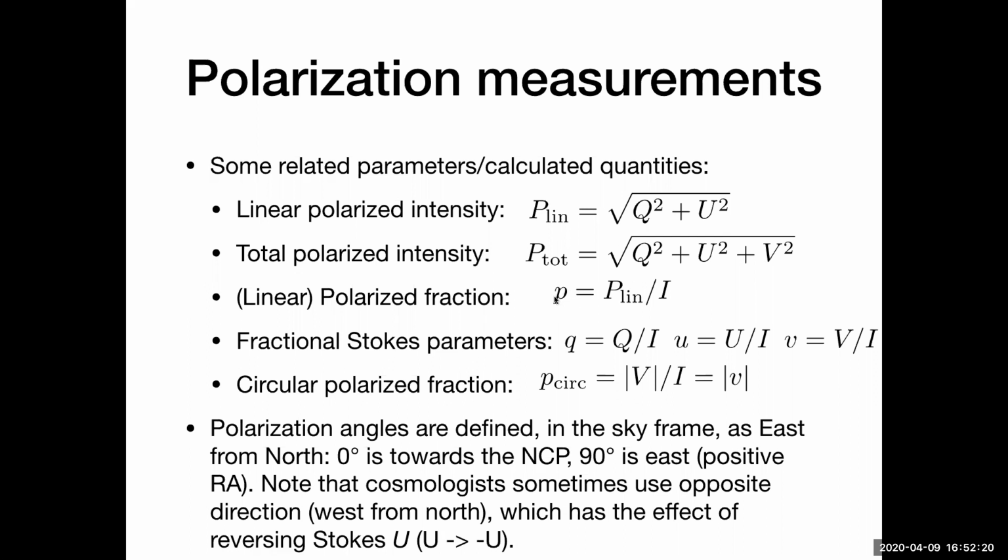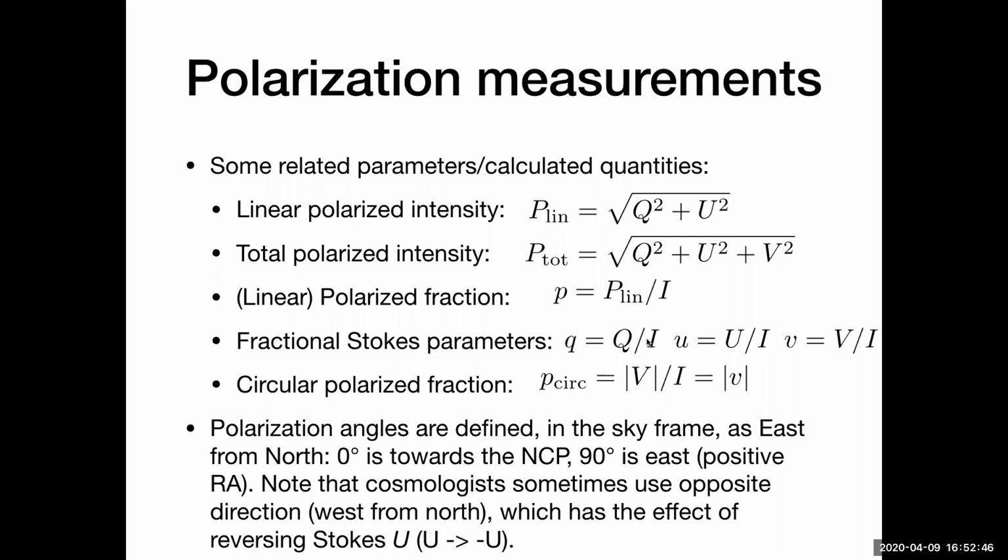This is effectively telling you how strongly or how uniformly polarized a signal is. A signal with 0 net polarization will come out with a polarized fraction of 0, and in principle, all Stokes parameters Q, U, V should be 0. Sometimes we'll also define fractional Stokes parameters as the Stokes parameter divided by the total intensity.